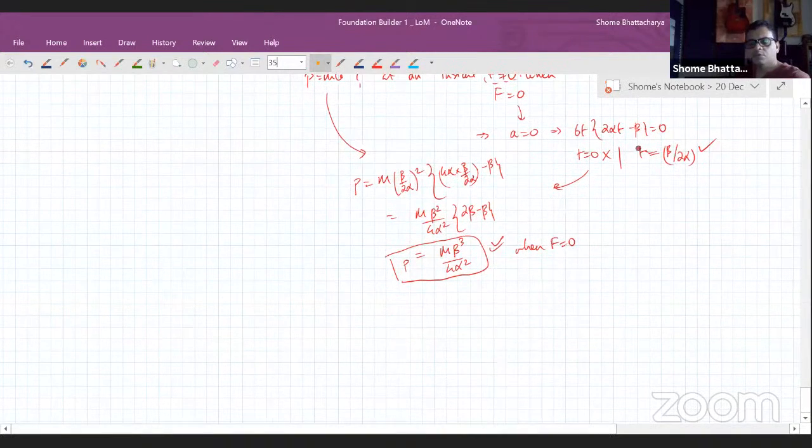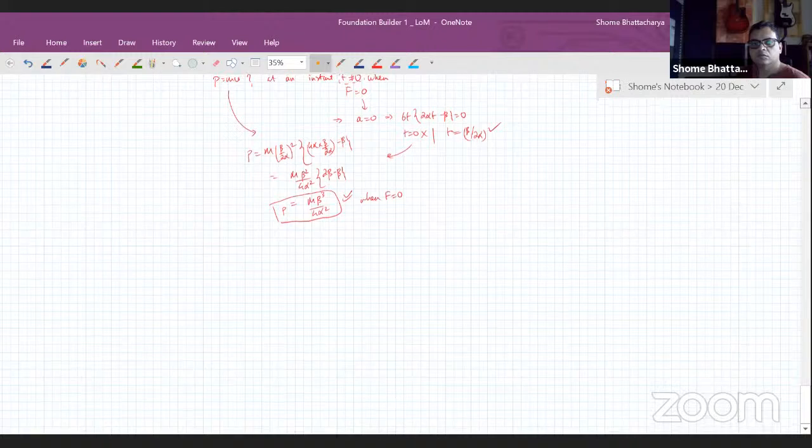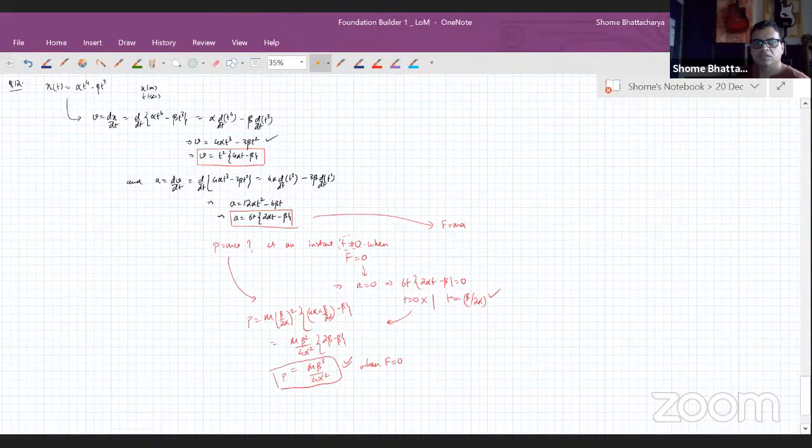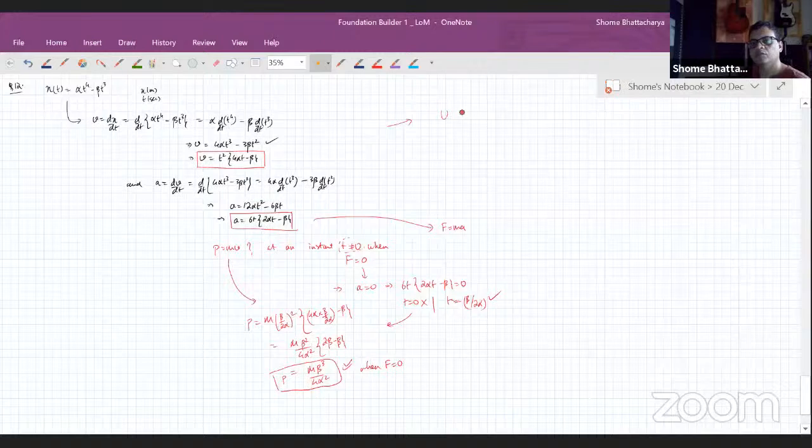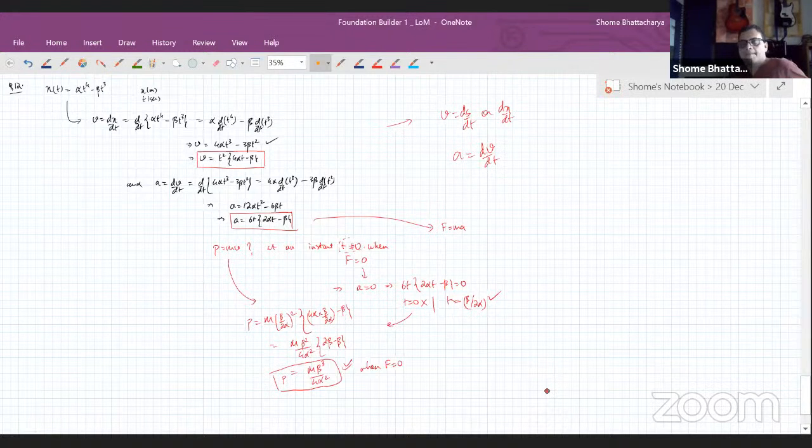Basically, the common approach for both these questions uses these definitions from kinematics: velocity is rate of change of displacement or position in 1D motion, and acceleration is rate of change of velocity. Okay, very good.